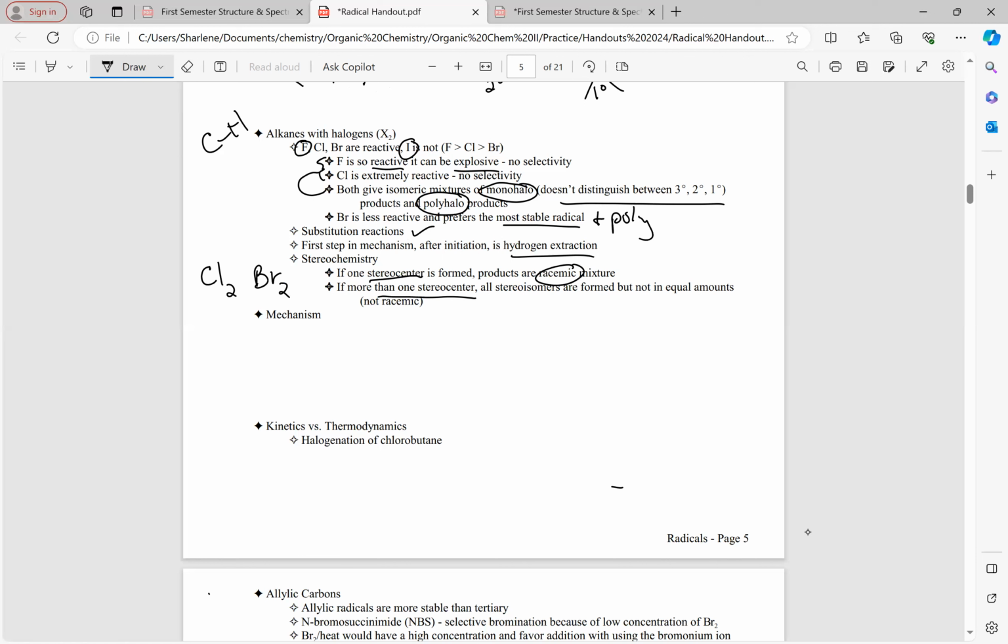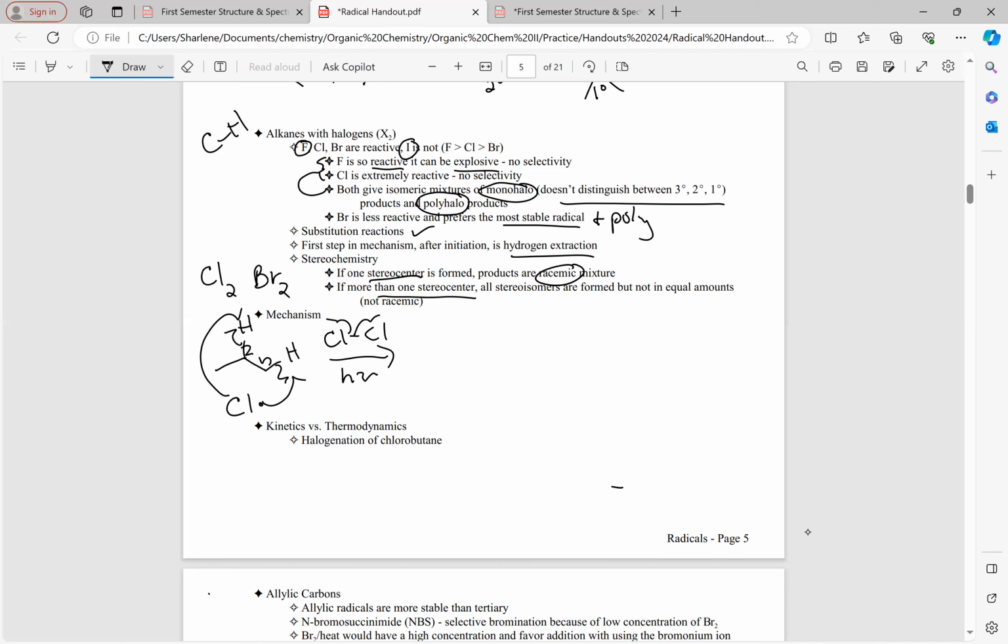Let's do chlorine first. All right, if we have the propane molecule, there are two unique types of hydrogens that the chlorine could go after. All right, the first step, of course, is initiation. And then my chlorine radical can rip off that one or that one.